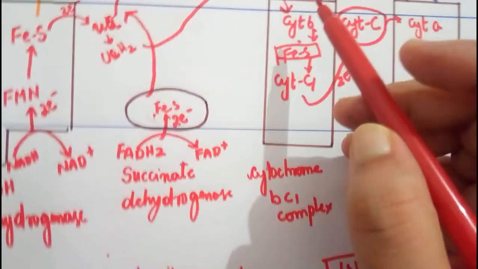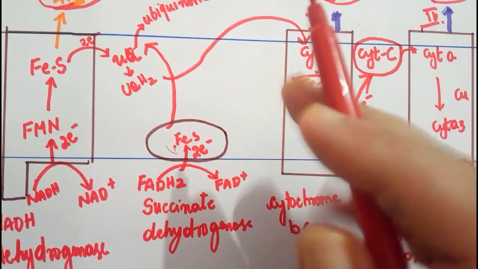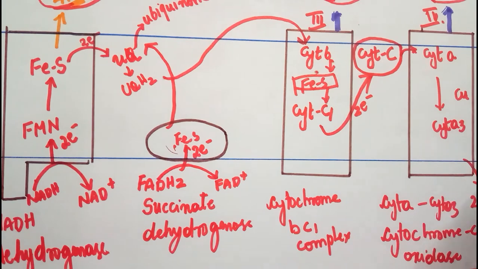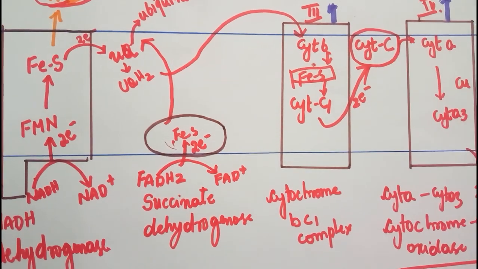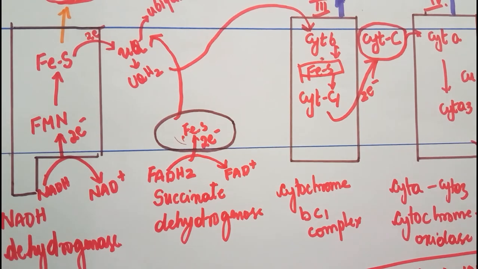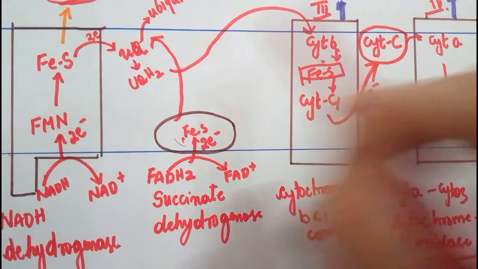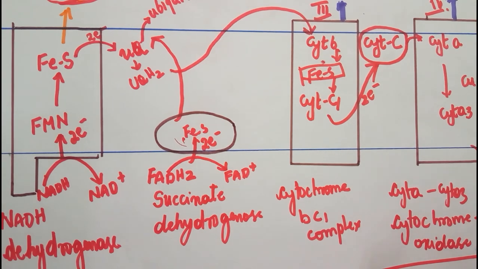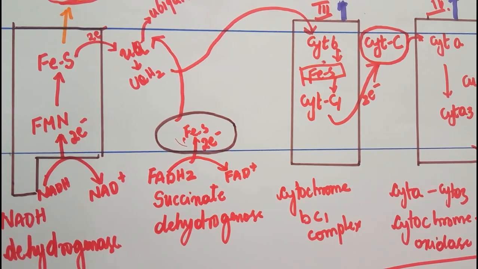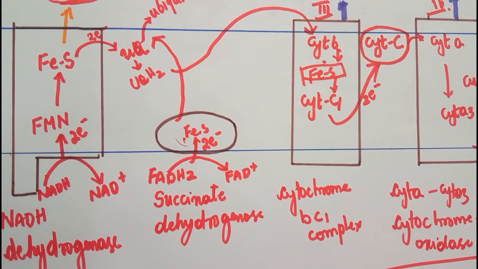Now if you see these redox reactions, what questions are possible from here? First and foremost is the order of the electron movement, which is very important. Second is which one is getting oxidized and which one is getting reduced.